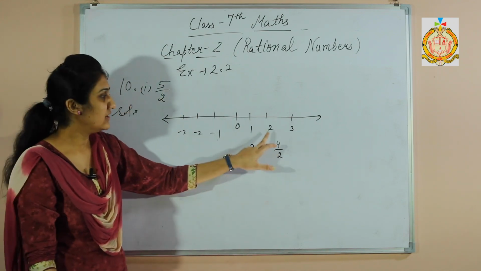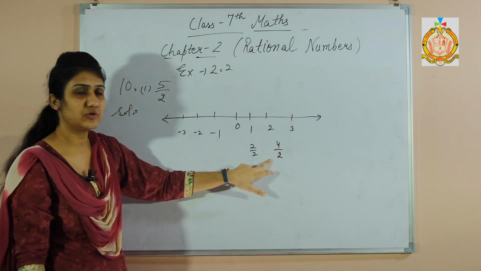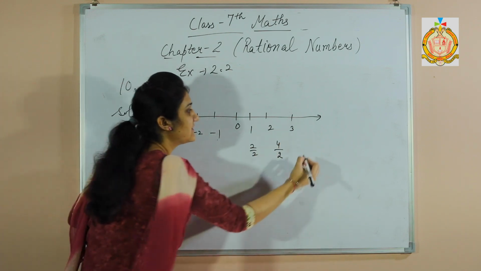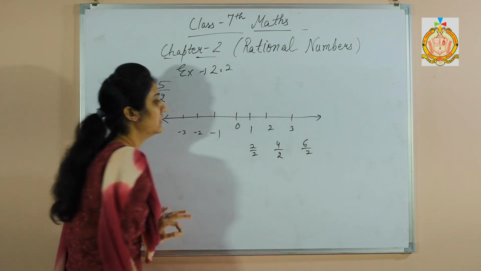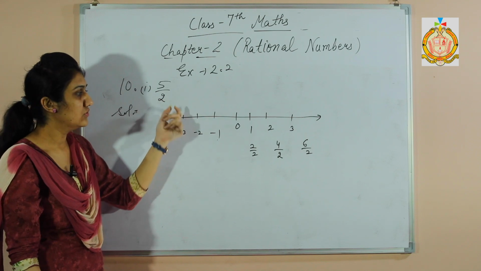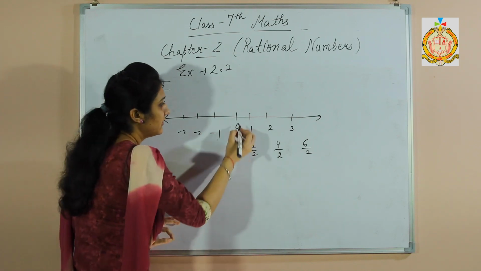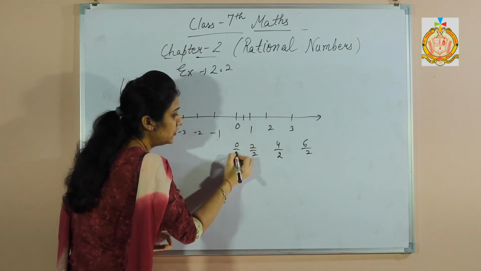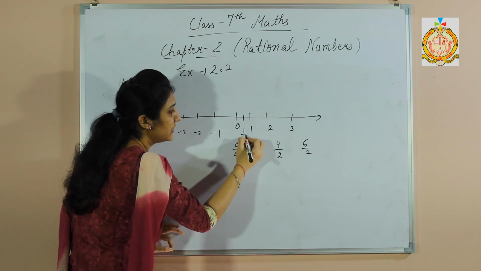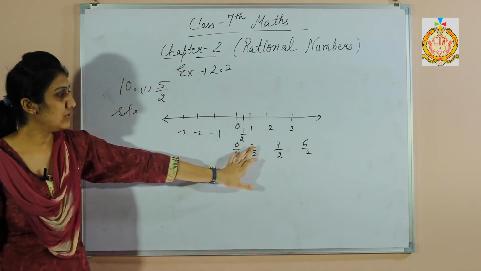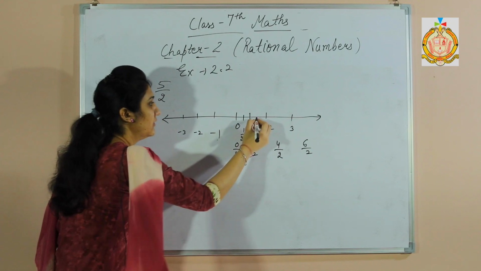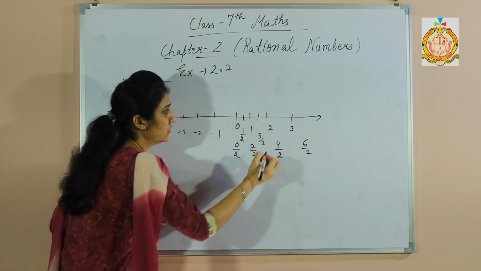When you cancel the terms, you will get 2. So 2 is 4 upon 2 and 3 is 6 upon 2. Now we have to write 5 upon 2. Here we can write 0 upon 2, here 1 upon 2, and in between 1 and 2 we can write 3 upon 2.